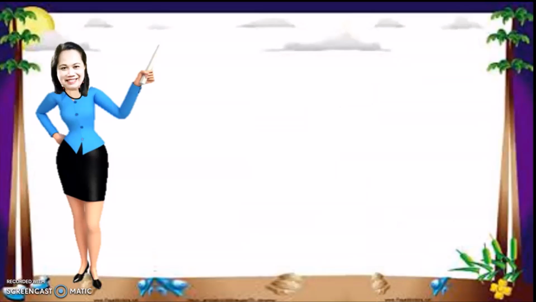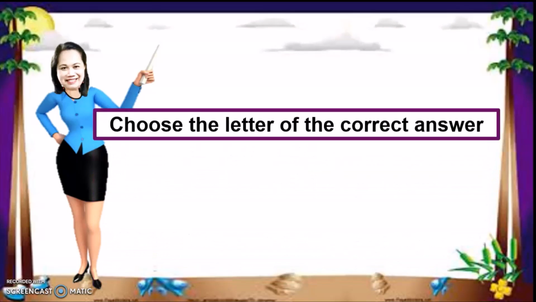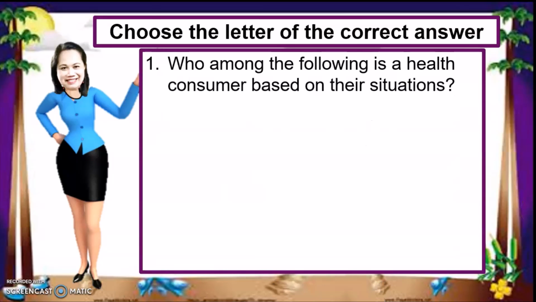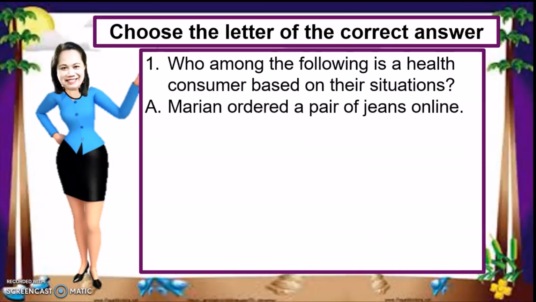Now, let's go to the next test. So this is the second direction. Choose the letter of the correct answer. So number 1, who among the following is a health consumer based on their situations? A, Marian ordered a pair of jeans online.